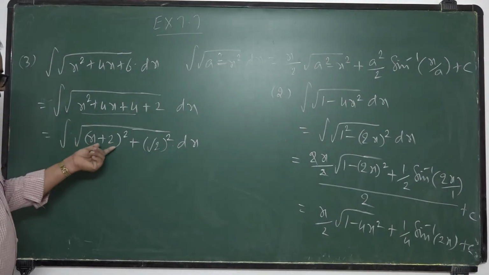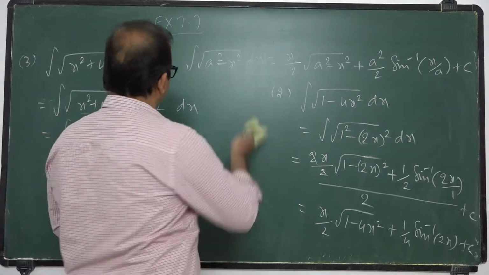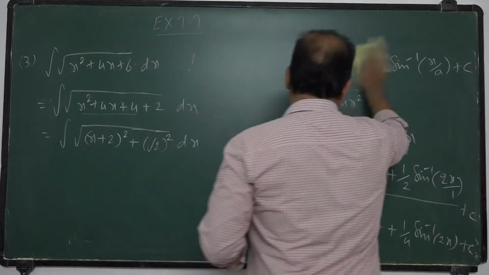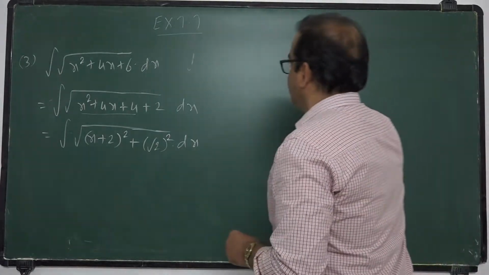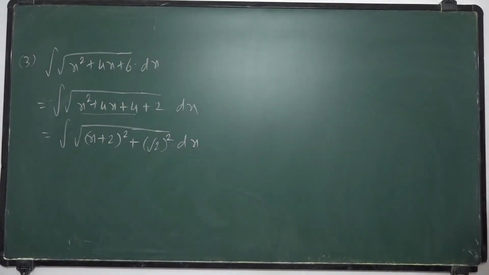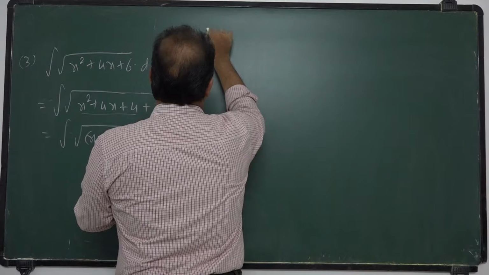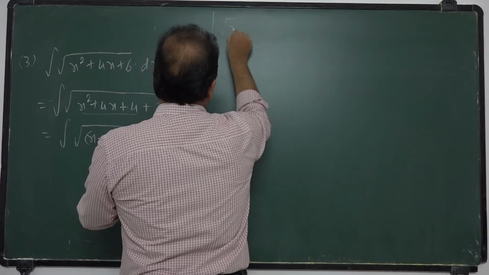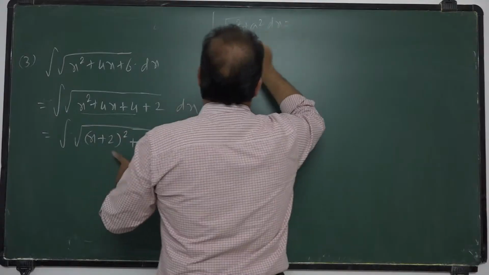Now this problem is in the form of integral of root of x square plus a square into dx.